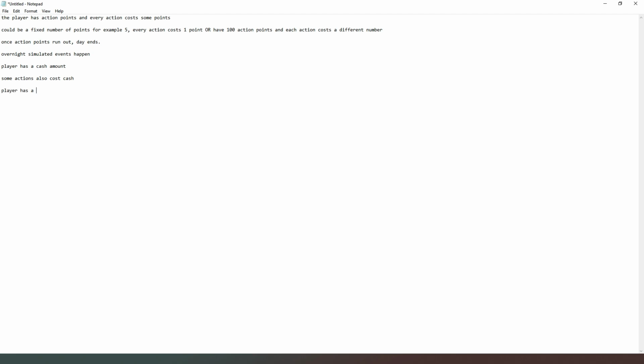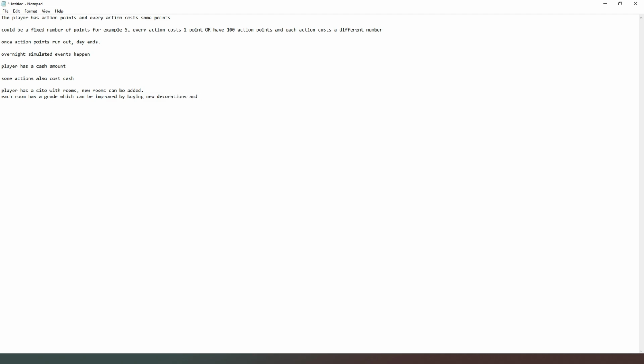The player has a site with rooms. New rooms can be added. Each room has, what's the word I'm thinking of, a grade which can be improved by buying new decorations.